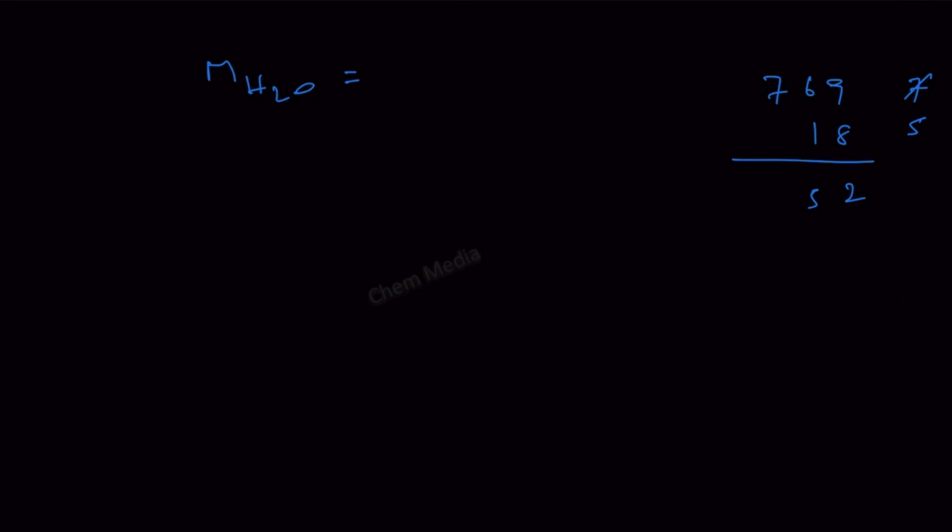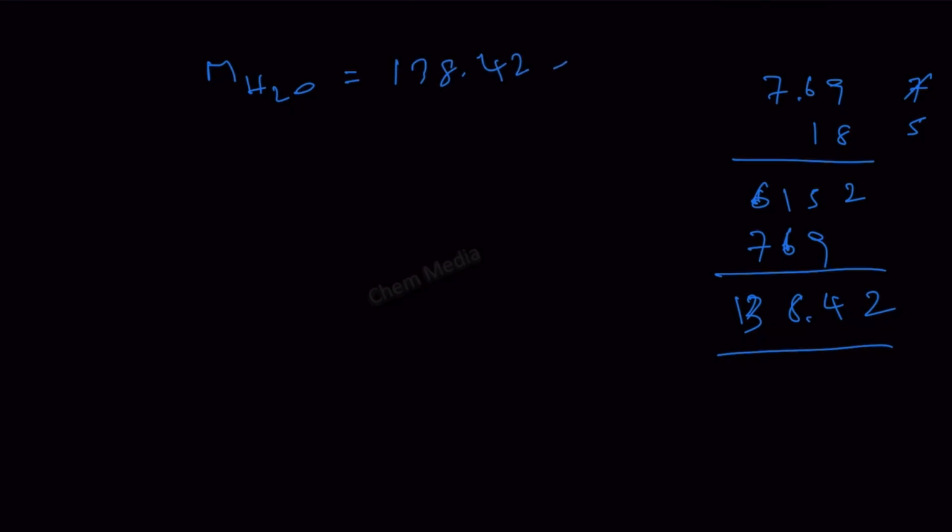And then 8 times 7, that would be 56 plus 5, so 61. And then 9, 6, 7. Therefore 2, 9 plus 5, 14, 4 remaining 1. So 7 plus 1 plus 1, so 8. And then 7 plus 6, 13. Therefore 138.42 gram. That's the mass of H2O.